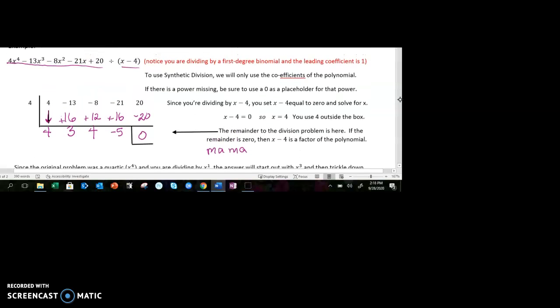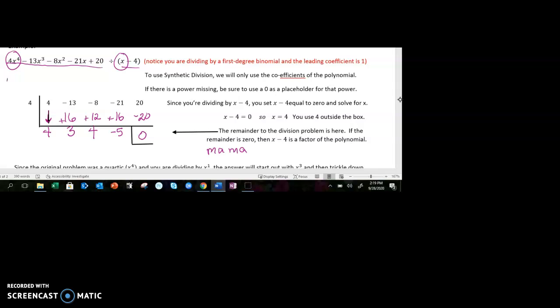From here, I have to decide what my polynomial that is left is. So what I mean is, what does this 4, 3, 4, and negative 5, what do they represent? So I started with a 4x to the fourth power, and basically I'm dividing by an x minus 4.